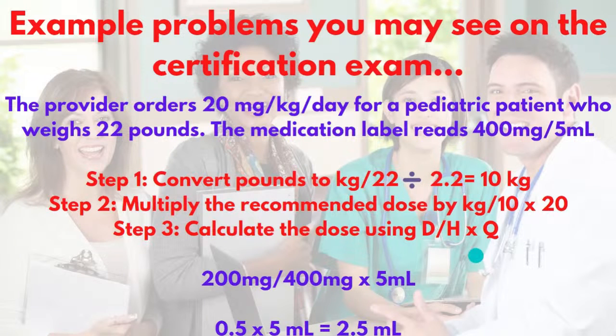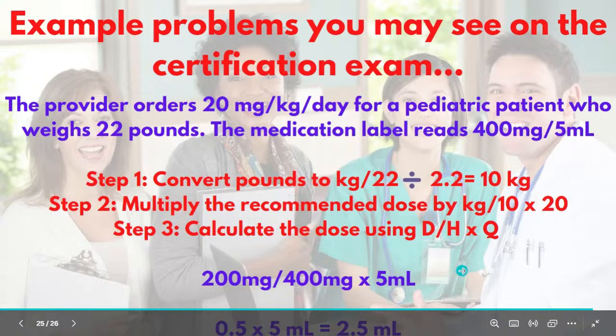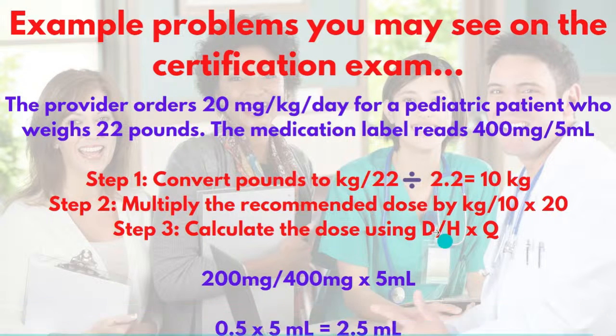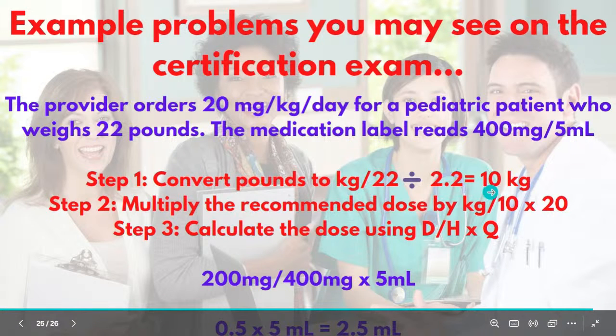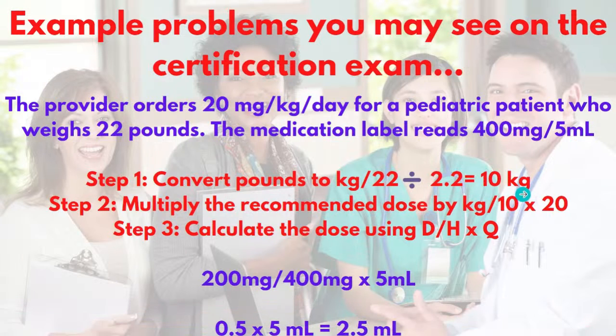Okay. So again, I'm just going to repeat that just in case anybody might be lost. First, we converted the 22 pounds to kilograms, right? That's the very first step. Next, we multiply the recommended dose by the kilograms. So the patient weighs 10 kilograms, and the doctor says for every kilogram, he wants 20 milligrams of that medication.